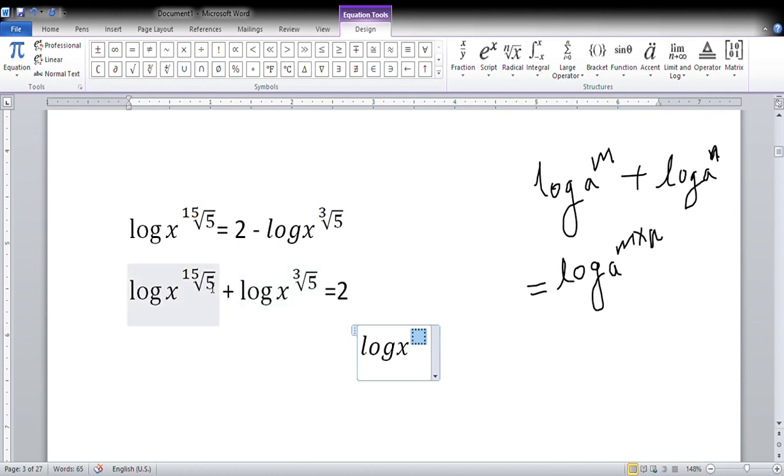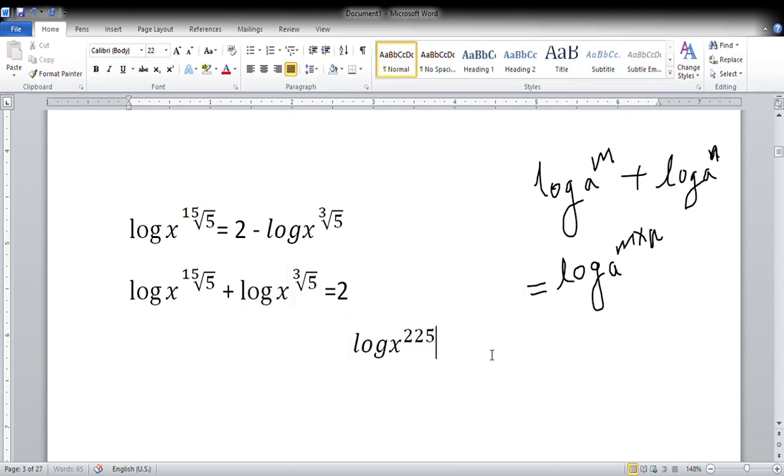Then 45 multiplied by 5 is 225, is equal to 2. I hope you understand these multiplications; it is very easy.